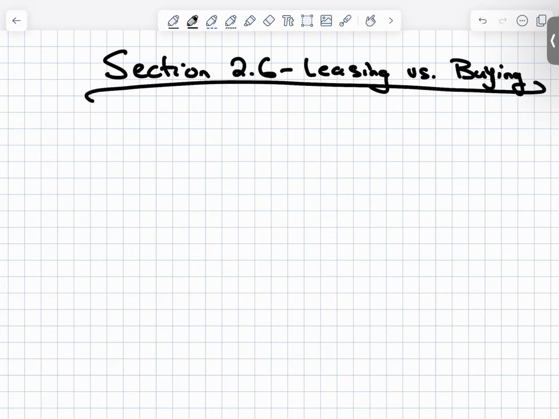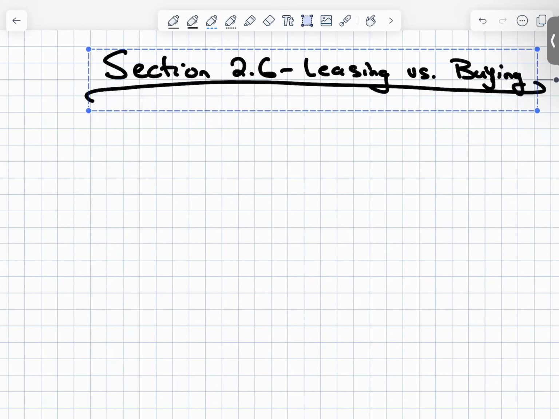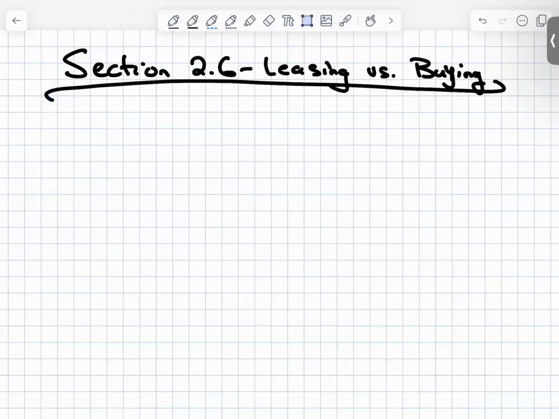This whole section is broken up into two main parts. One is trying to determine whether it would be better to lease something or to buy something. And then the other part is about mortgages. I get really excited to talk about mortgages because they're very fascinating as a concept.